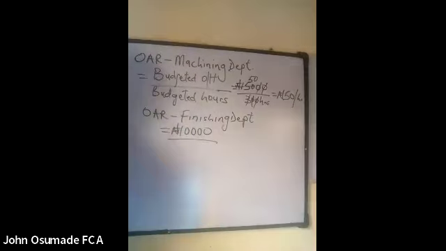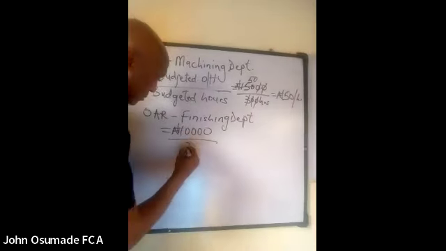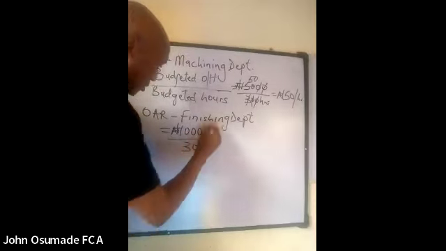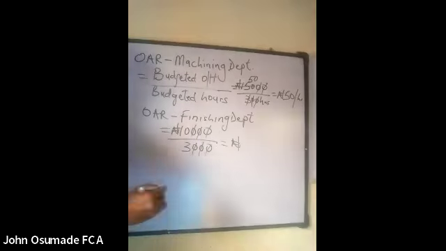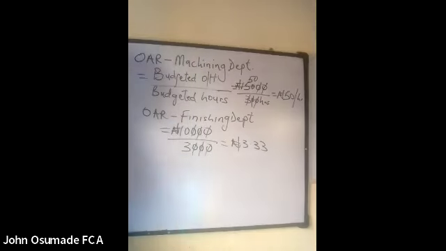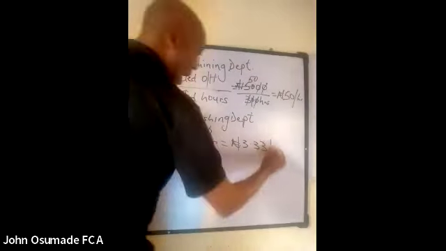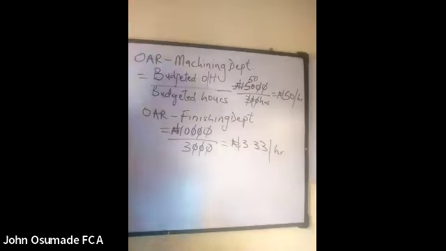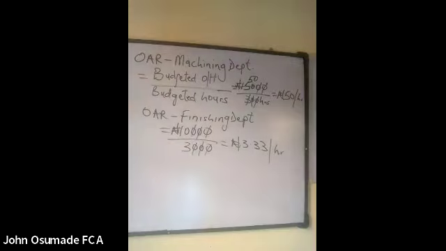What is the total hour? Sorry, 3,000. So that will be 10,000 over 3,000, which is 3.33. 3 naira, 33 kobo per hour.